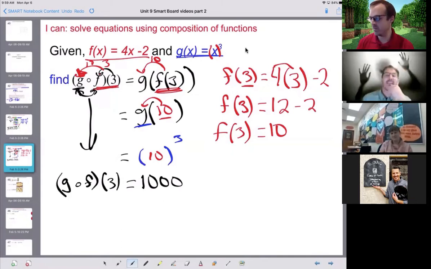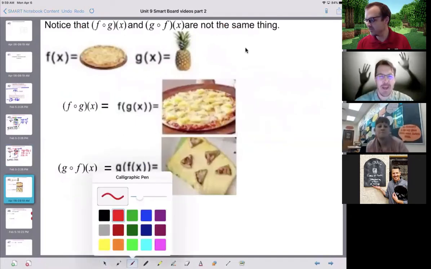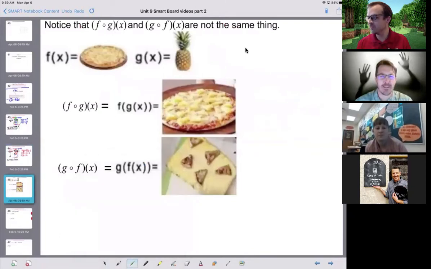I'm going to hand this one off to Mr. Craig to explain this. Okay, so it says f of x equals pizza, and g of x equals pineapple.